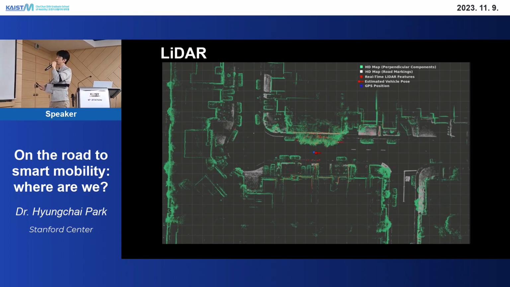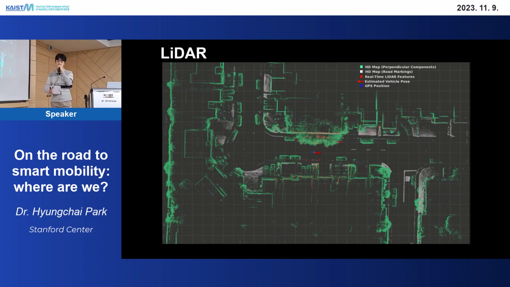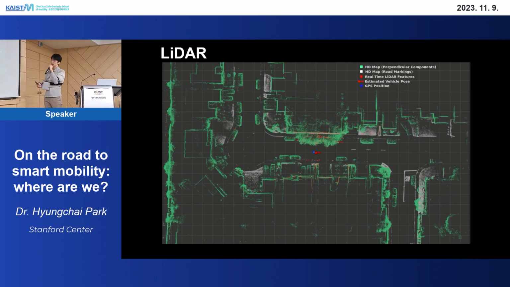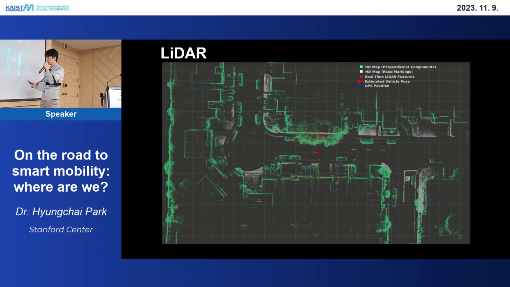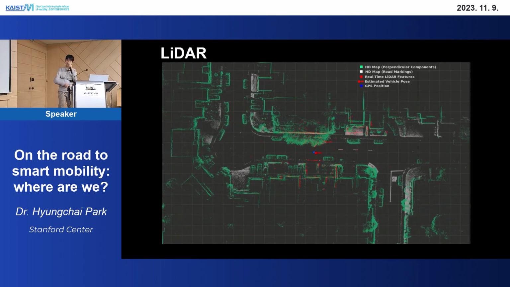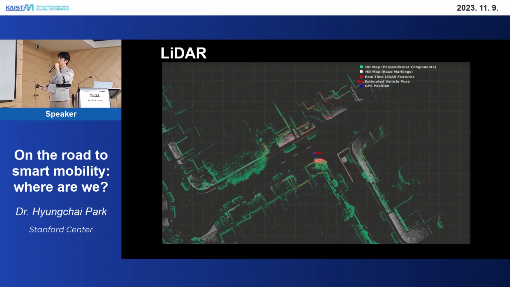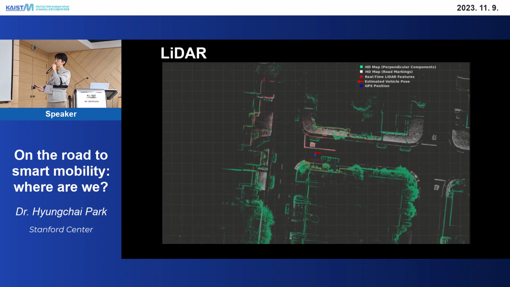And the blue point is the location of the vehicle as reported only by GPS. When you see this video, let's focus on the difference between these two points. One position is reported by the localization using LiDAR, and the other is reported by only GPS. While the car is moving, the real-time LiDAR measurements keep changing.